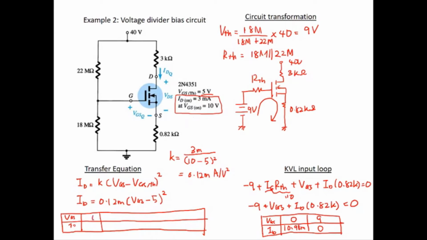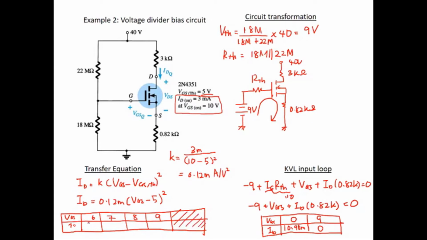So we put 6. And then the maximum point: since at the KVL input loop the maximum voltage value is 9, we restrict the VGS points until 9. So let's say 6, 7, 8, and then 9.